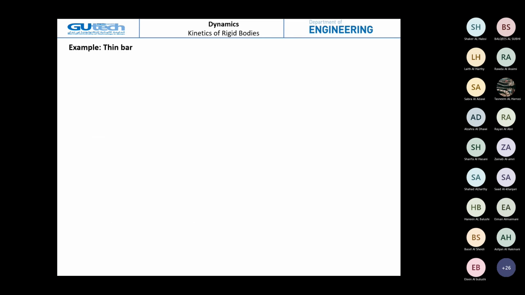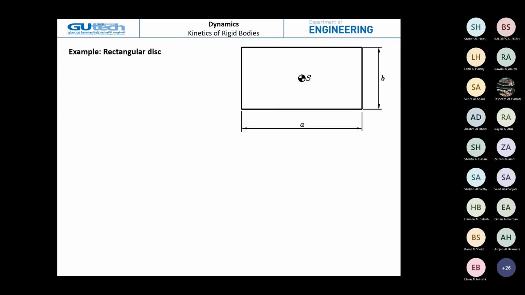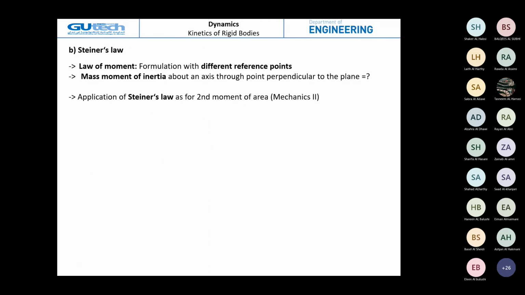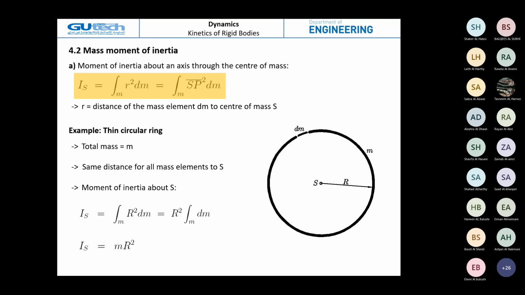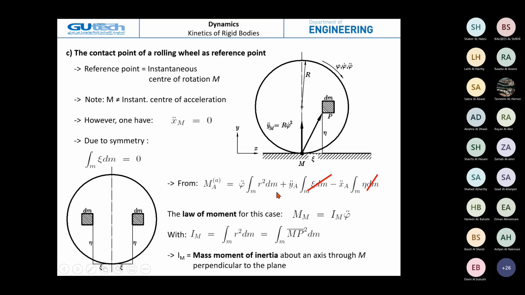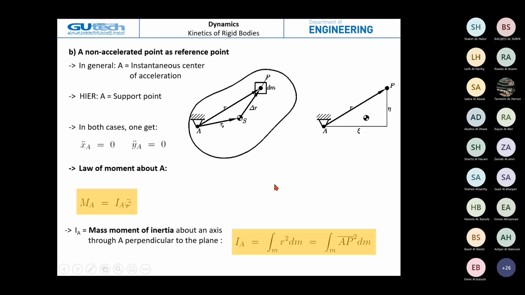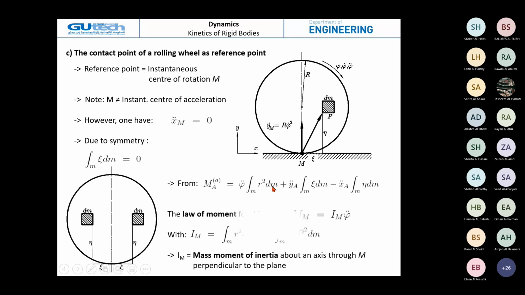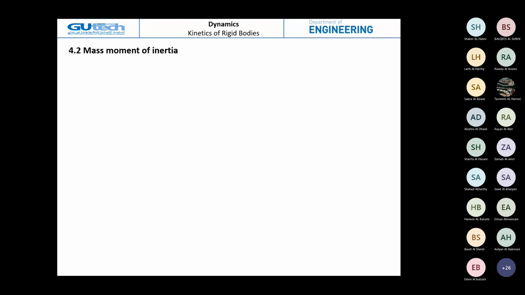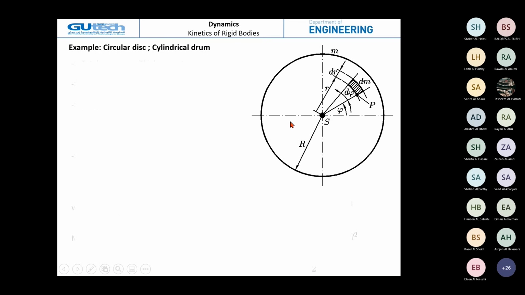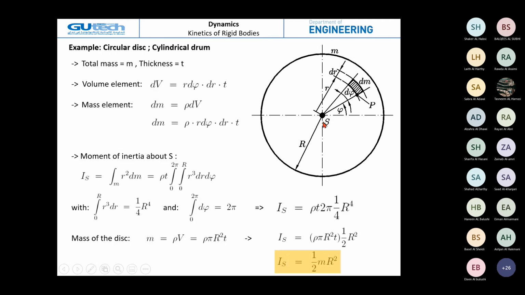Remember, this is the example we found, and we found Is at the center weight is only half of the mass multiplied by R square. This is at the center weight.